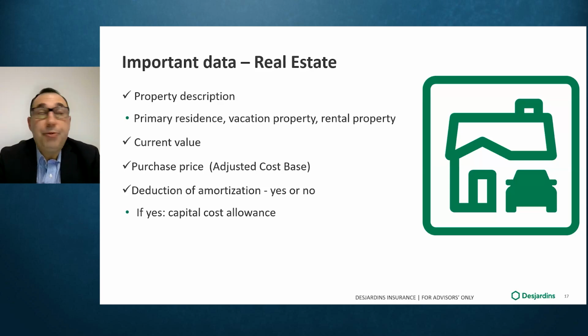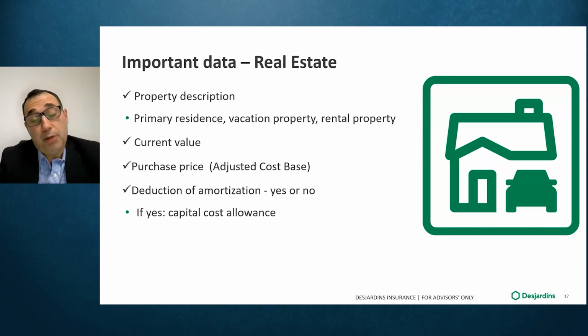Even if you're doing an initial F&A with a client, I would always strongly suggest asking what they paid for it. Asking the ACB might seem a little technical, but real estate people love talking turkey, and they love talking about the market and their experience in real estate. So it's not really a tough one to get, but it's really important for calculation purposes that we know.